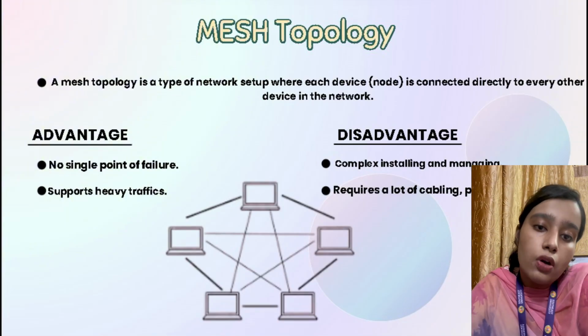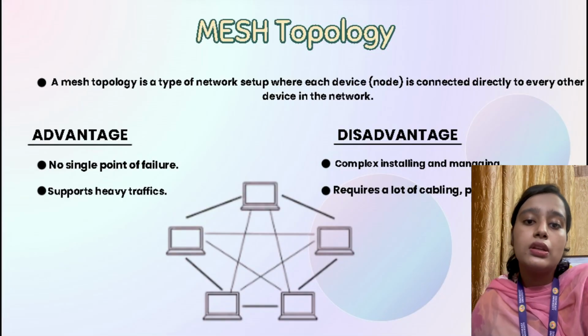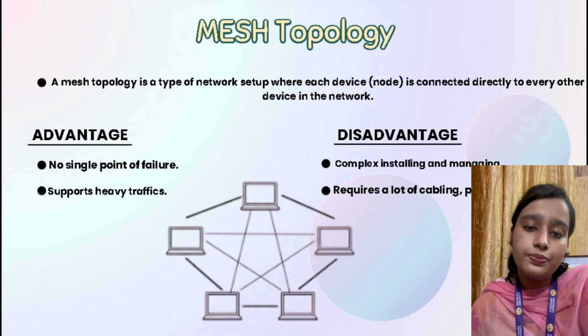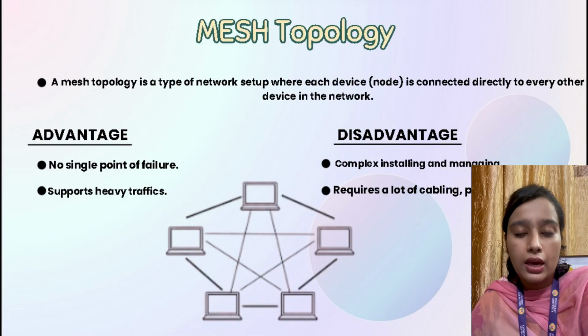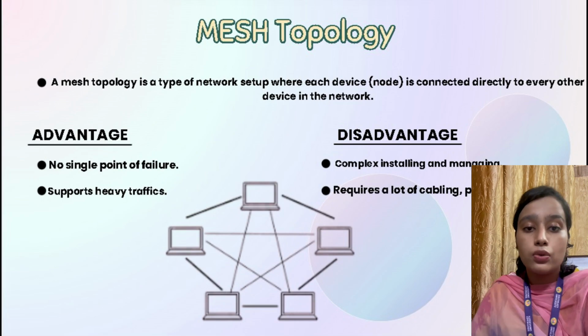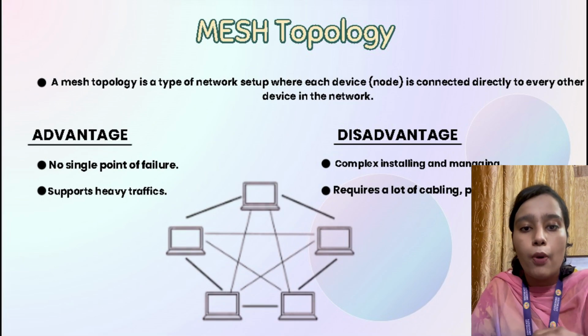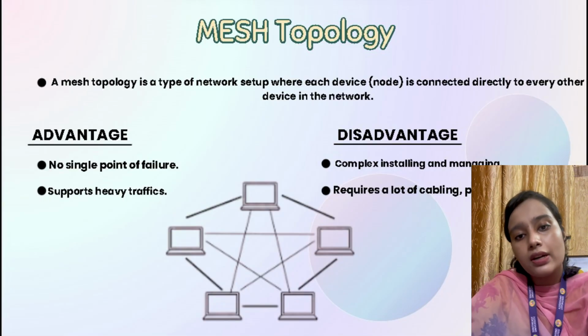So it also has some advantages and disadvantages. The advantages are it supports heavy traffic, and second, it has no single point of failure. And there are also some disadvantages.